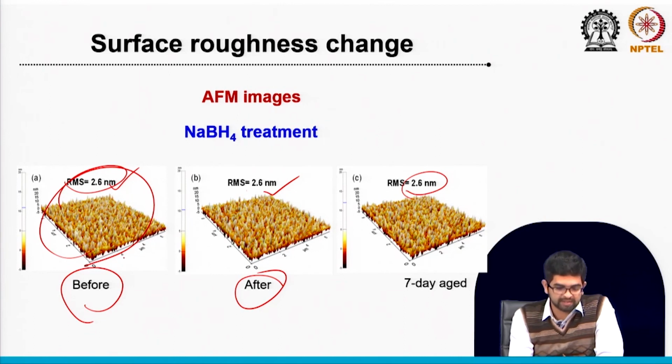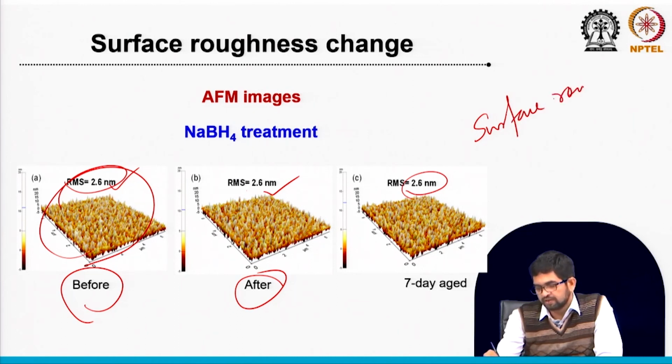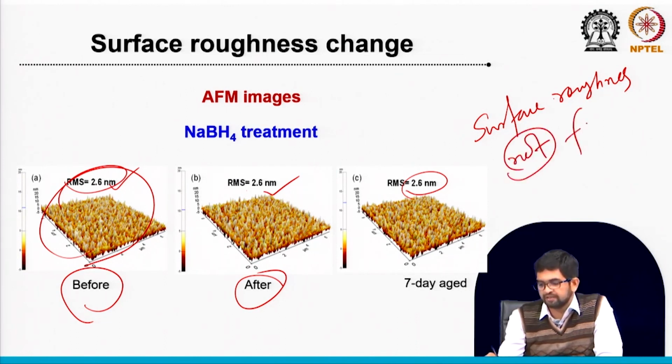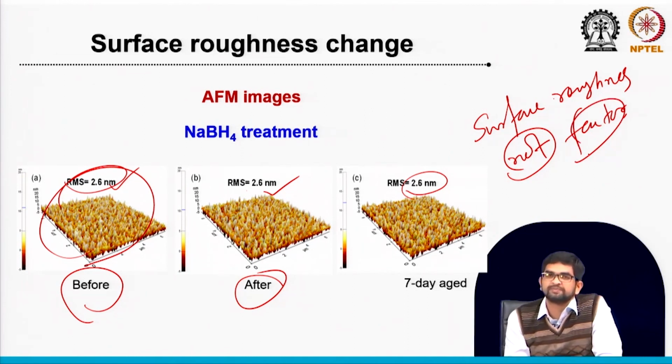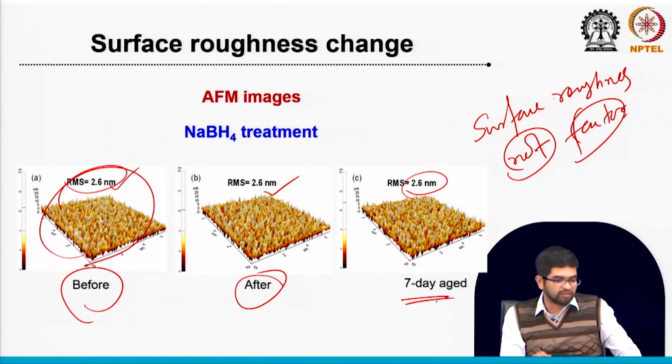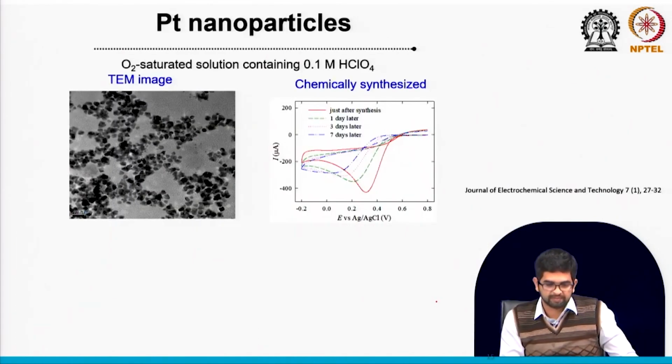So from here you can conclude that surface roughness is not affected, right. It is not a factor for this electrocatalytic activity change. We can conclude that from the AFM analysis.